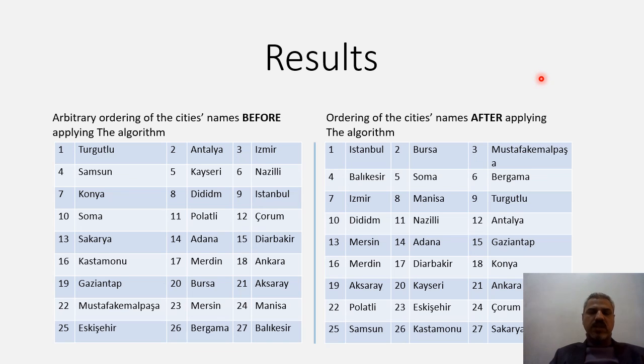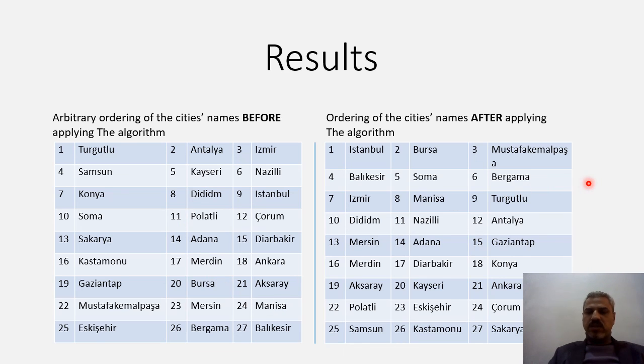Now, finally, here is the result we have obtained after completing this project. On the left is a table of the cities' names. They are ordered arbitrarily, starting from Turgutlu, Antalya, and so on.